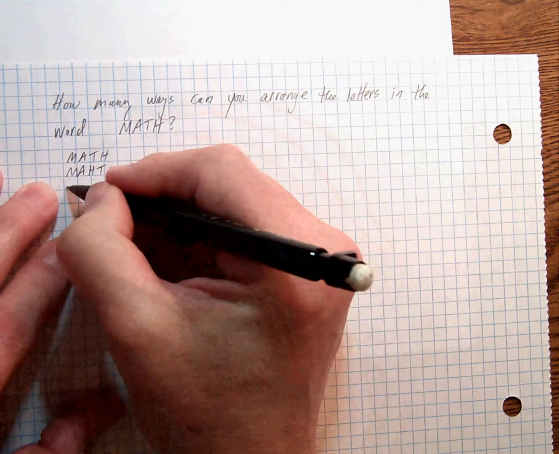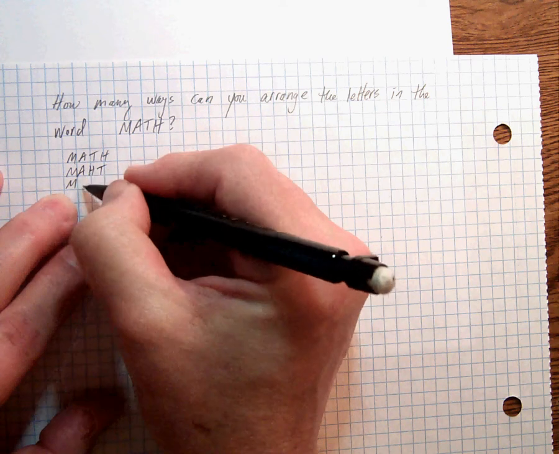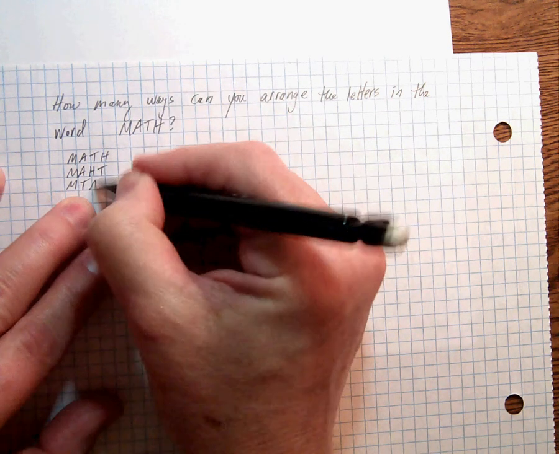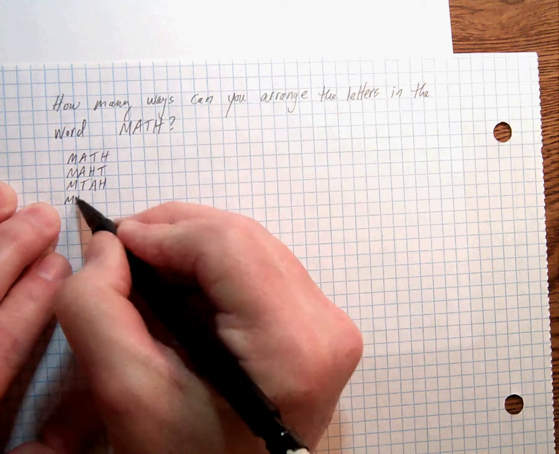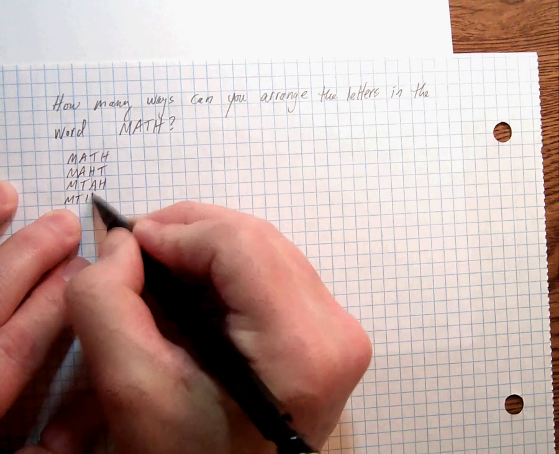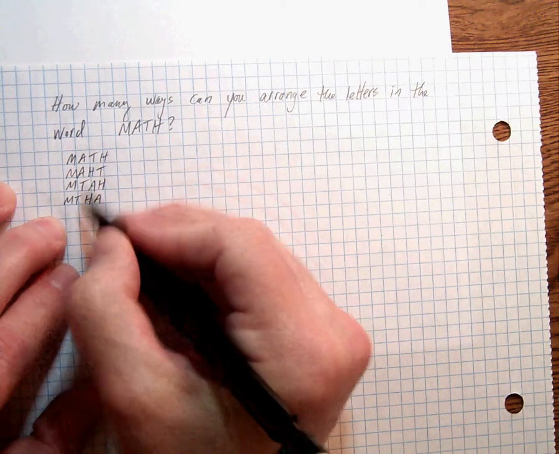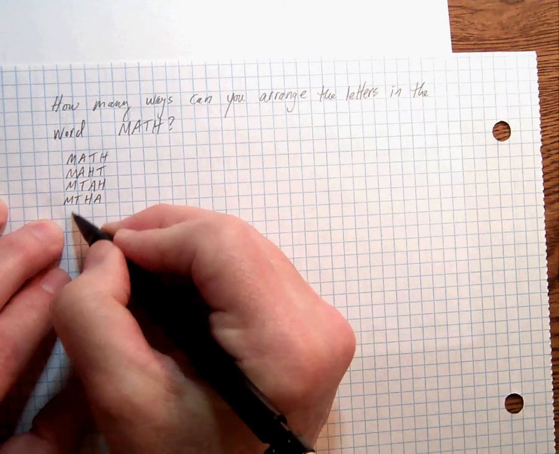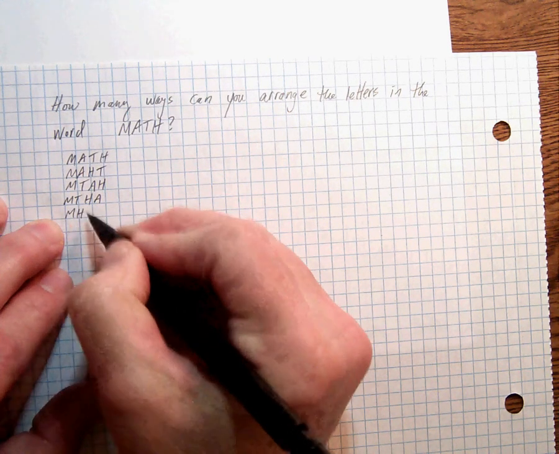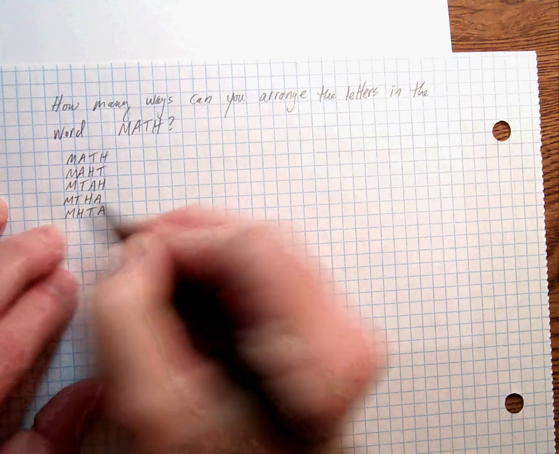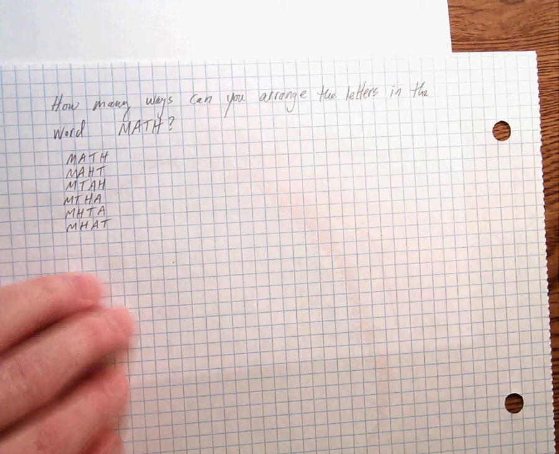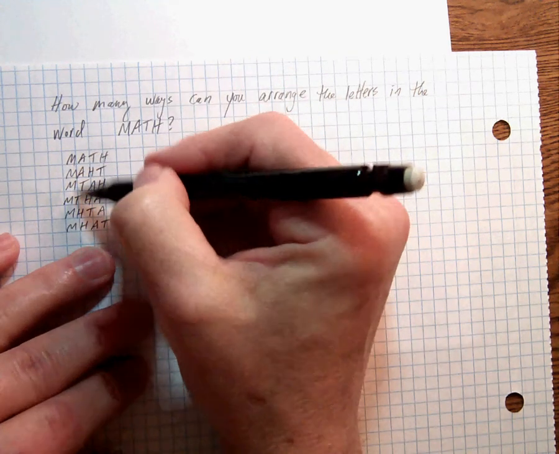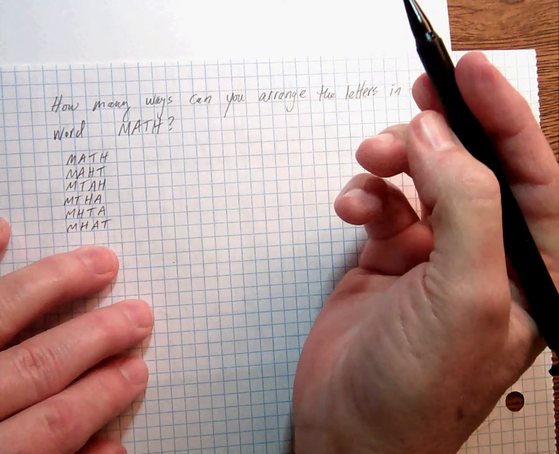I could put, let's say, the T after the M, and then the A and the H. I could put the M and the T, and then the H and the A. I could put the H after the M, and then the T and the A. I could put M, H, A, and the T. And that's just the number of ways to do it with the M in the front, right?